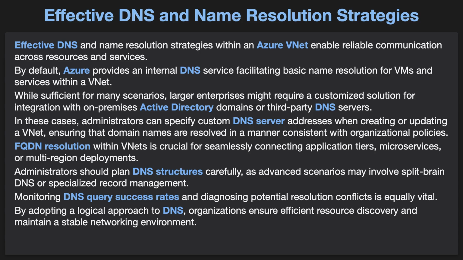Administrators should plan DNS structures carefully, as advanced scenarios may involve split-brain DNS or specialized record management. Monitoring DNS query success rates and diagnosing potential resolution conflicts is equally vital. By adopting a logical approach to DNS, organizations ensure efficient resource discovery and maintain a stable networking environment.